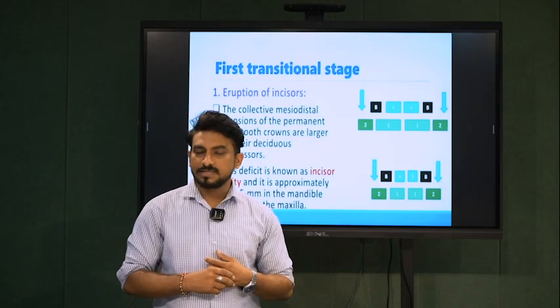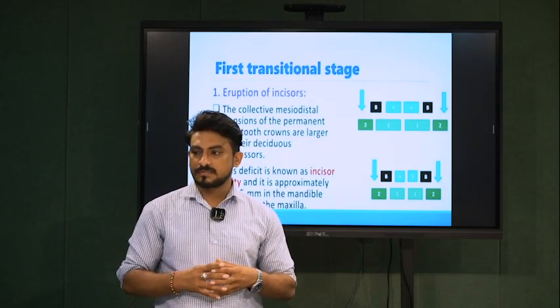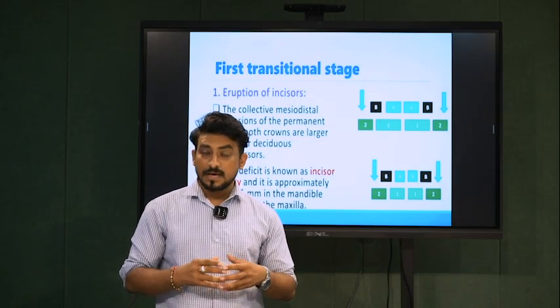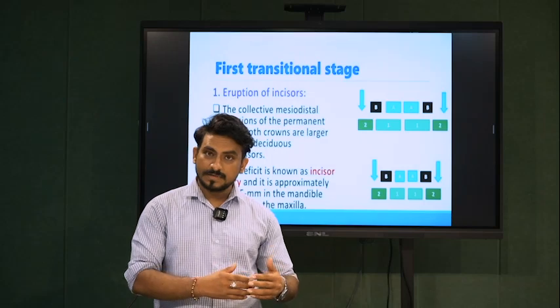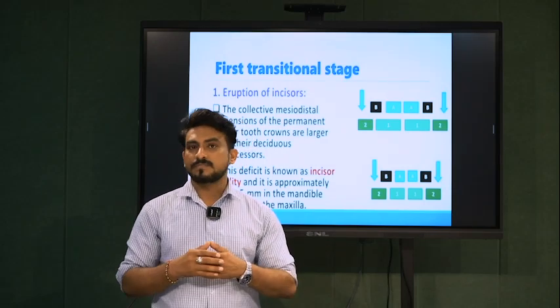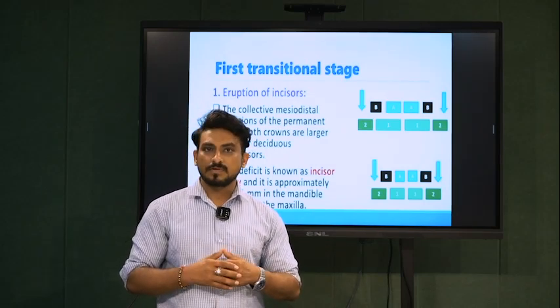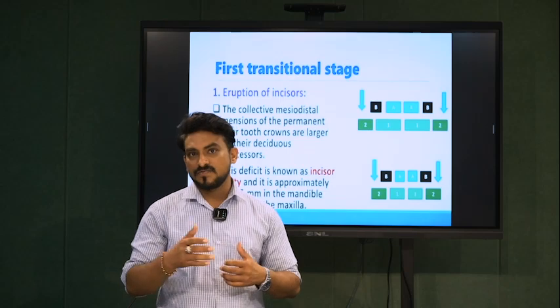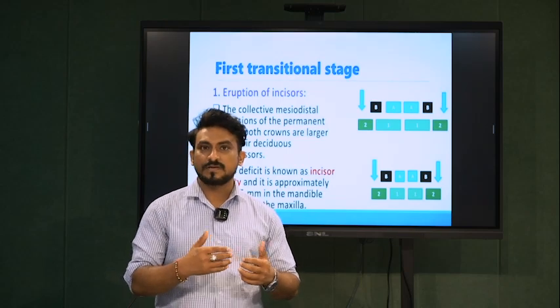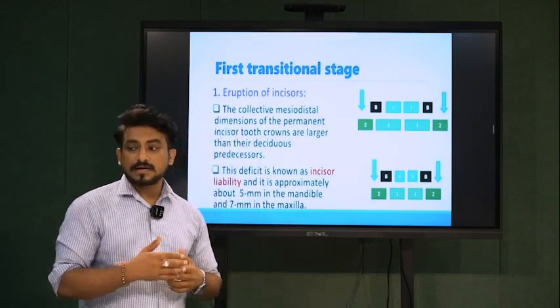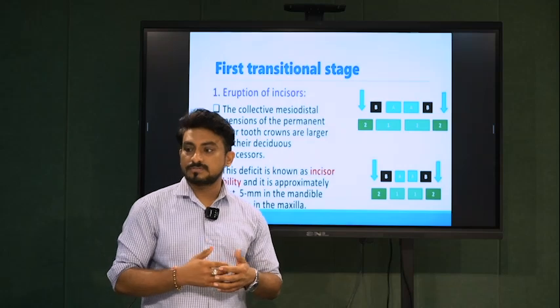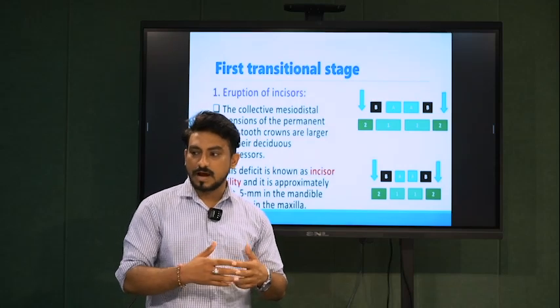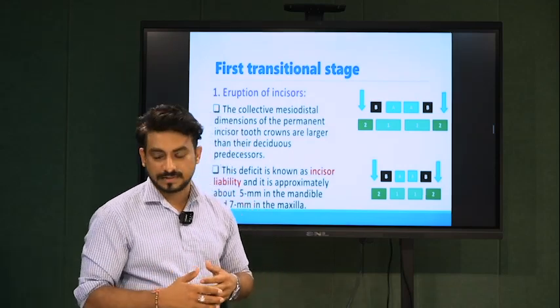In the first transitional period, we see the eruption of the incisors. At this time, the primary incisors are replaced by the permanent incisors. This is incisor liability. Now, as we can see in the figure, the collective mesiodistal dimension of the permanent incisor crowns is larger than the deciduous predecessors.